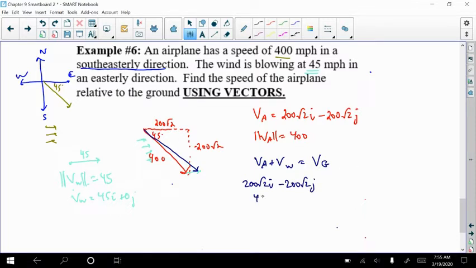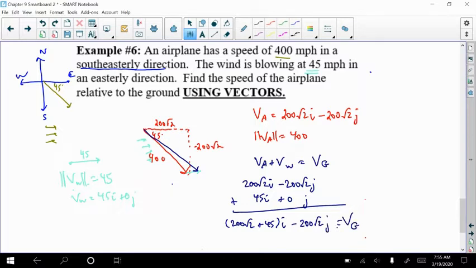And then a 45 I and 0 J is our wind. So if I add those up, now I can't really add these up other than maybe grouping them as 200 root 2 plus 45 I, and then minus 200 root 2 J. So that's the velocity vector relative to the ground. So that's that blue one.